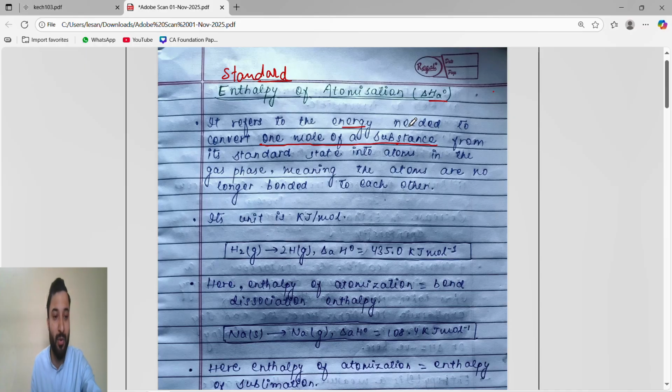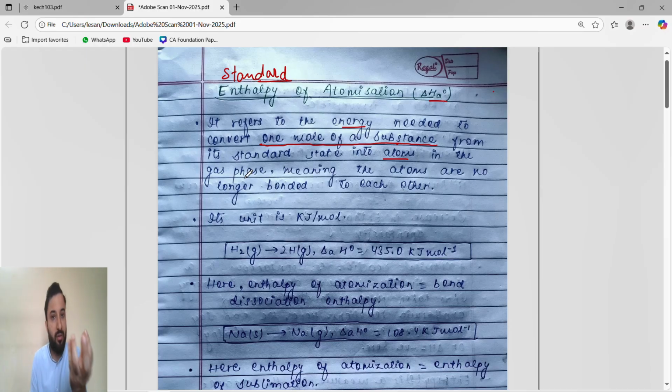It refers to the energy needed to convert 1 mole of substance from its standard state into atoms in the gas phase. Standard enthalpy of atomization means the energy needed to convert.